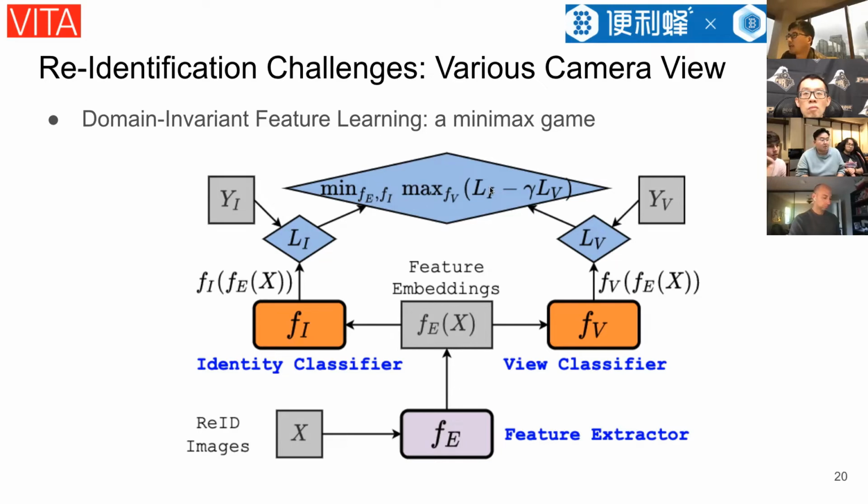So it would like the identity loss to be small and the view loss to be large, to confuse the view classifier. And the max is played on the view classifier, so it would like to minimize the view loss. So here we make them into a minimax game so that the learned features will be robust to different camera views, but remain discriminative for person re-identification.